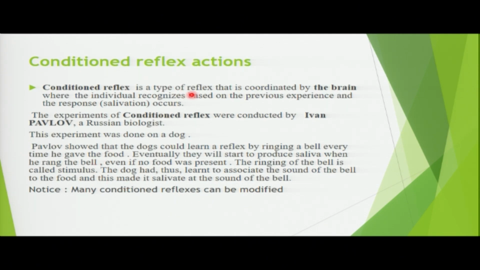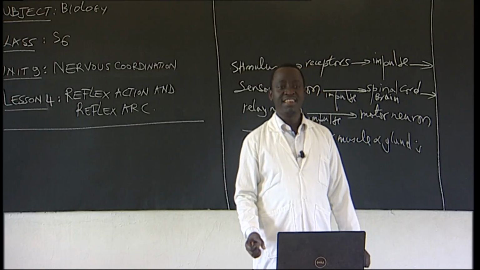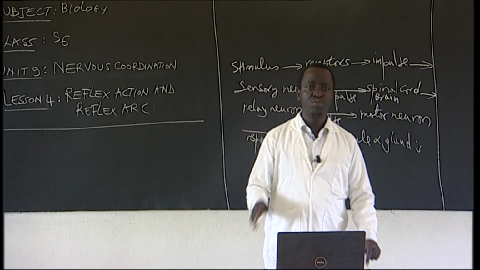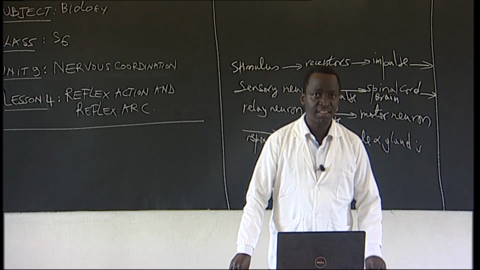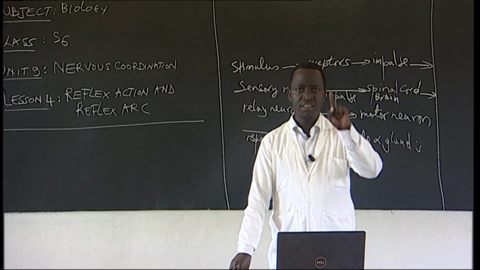It's a type of reflex that is coordinated by the brain, where the individual recognizes based on previous experience, and the response occurs. So it is controlled by the brain, and it is going to occur due to previous experience. That's the condition, previous experience.